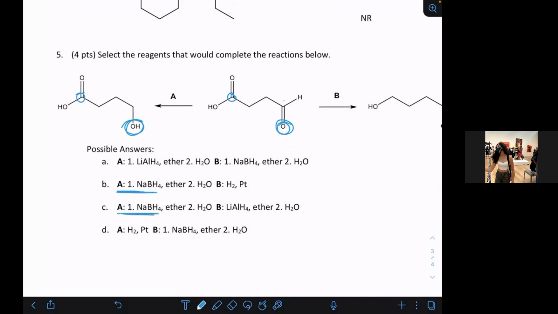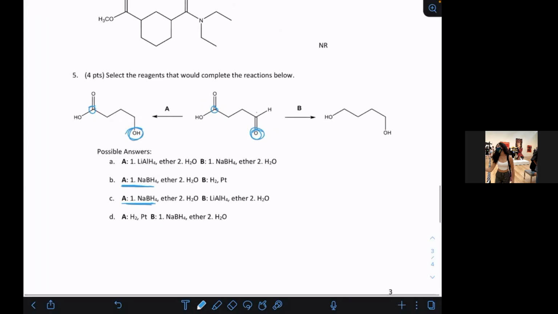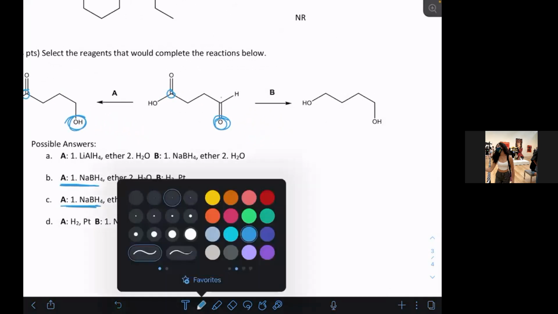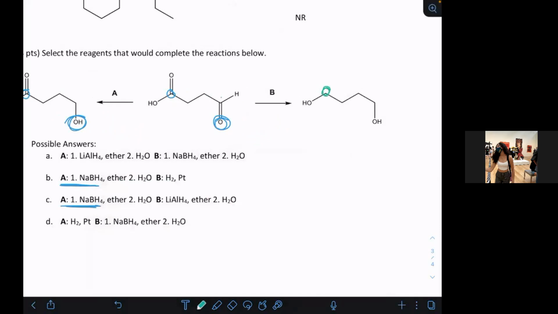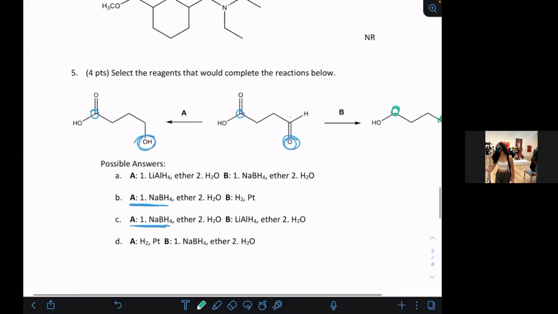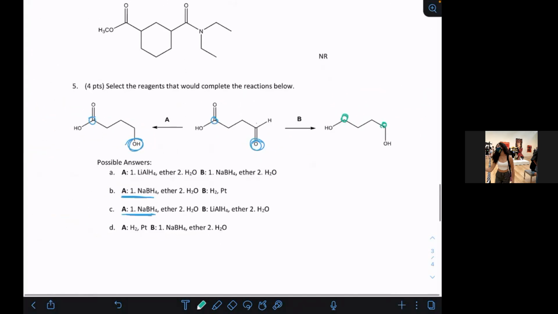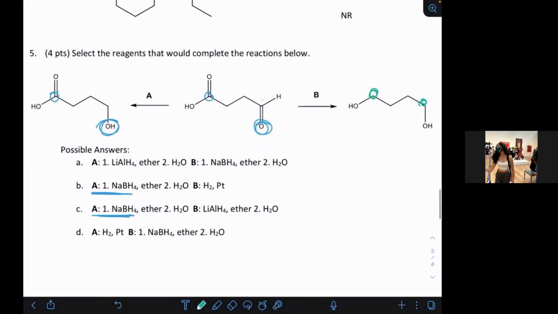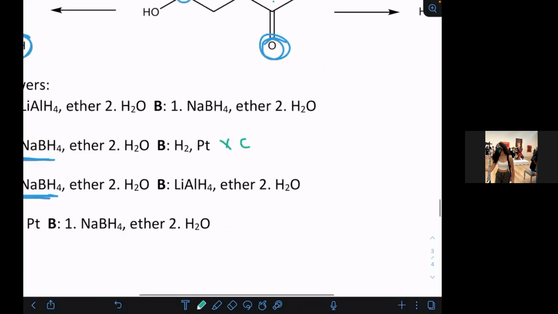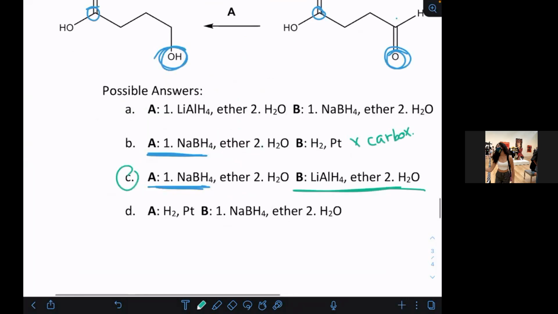So it's either B or C. And then for B, it's reducing both sides to OH groups. H2 doesn't work for carboxylic acids. So C.